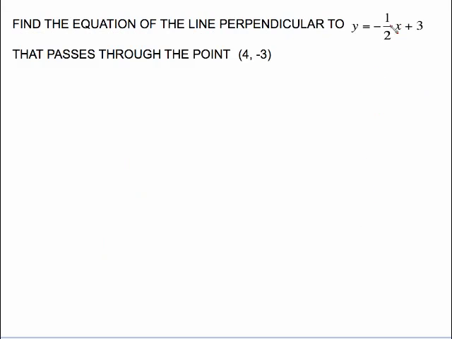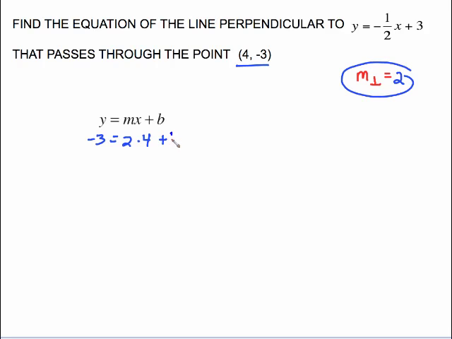Same kind of problem. Here's the original equation. That's the slope of that line. I don't want to use that slope. I need the perpendicular slope. Change that sign, flip this upside down, gives me a slope of 2. Plugging that and that point into this is going to give me negative 3 equals m of 2 times 4 plus b.